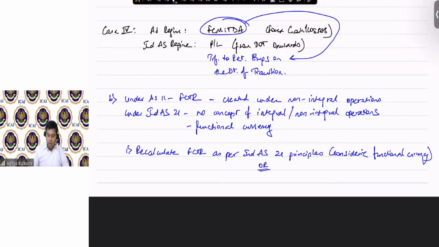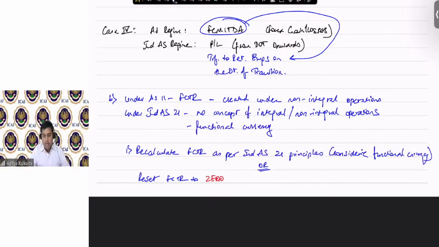Or the second option is reset FCTR to 0. Meaning, sir, I don't want the dust of the past to settle in the future. As of today, whatever FCTR there is, we will make it 0.